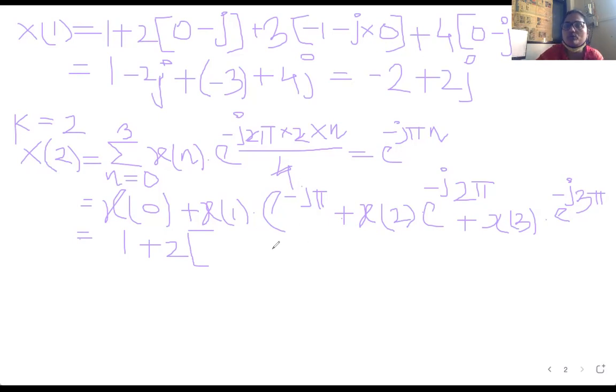Theta is pi here, so this is cos pi minus j sin pi. So this is the first term, plus. Now what is my next term? x of 2 multiplied by e raised to minus j 2 pi.